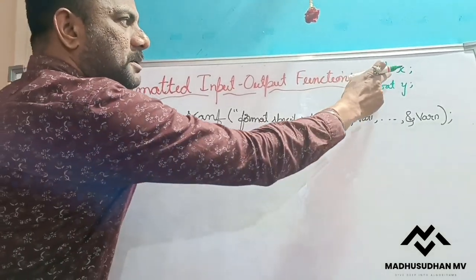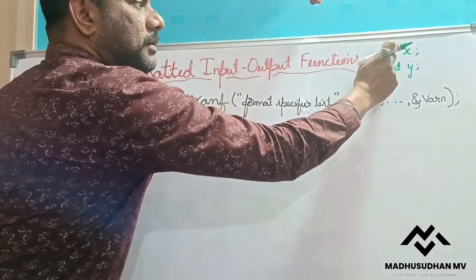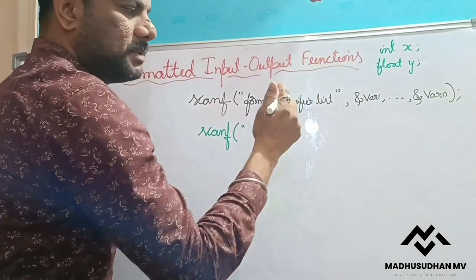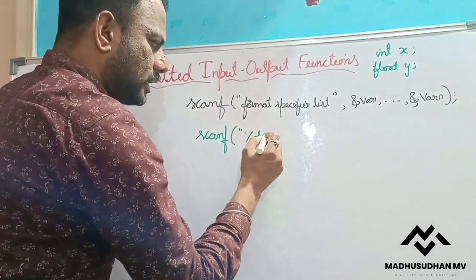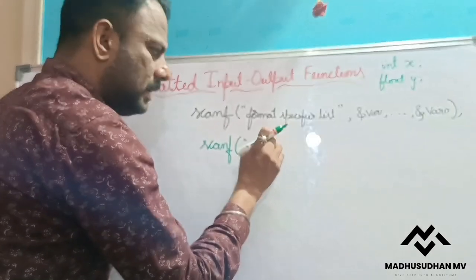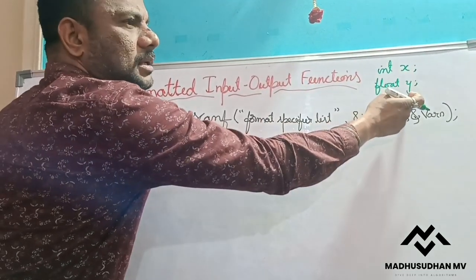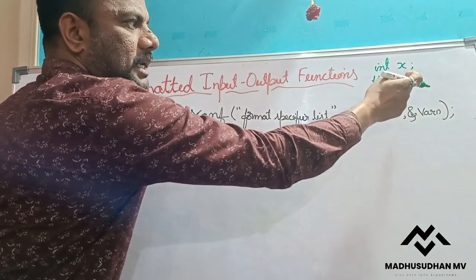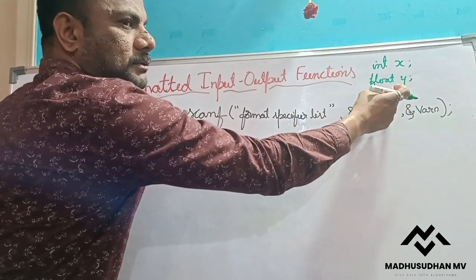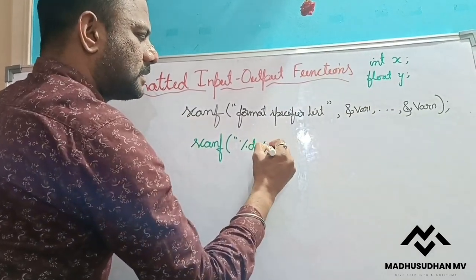What is the format specifier of x? X is integer data, so the format specifier is %d. Next, without any space, immediately write the format specifier for the next variable. The next variable is y, whose data type is float, and its format specifier is %f.